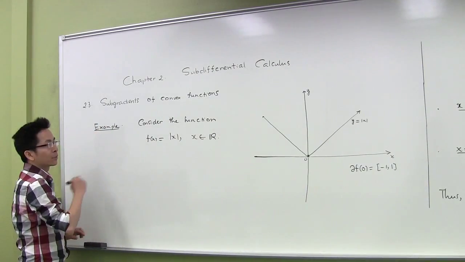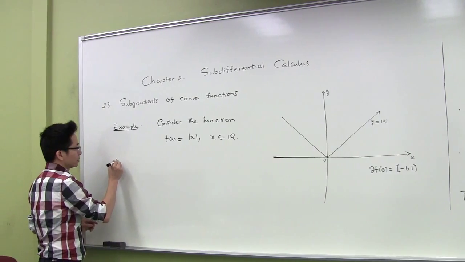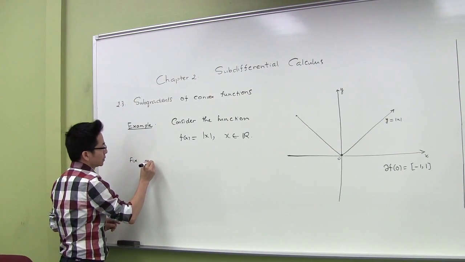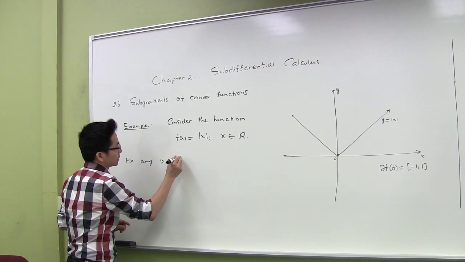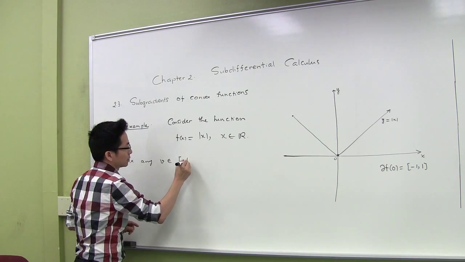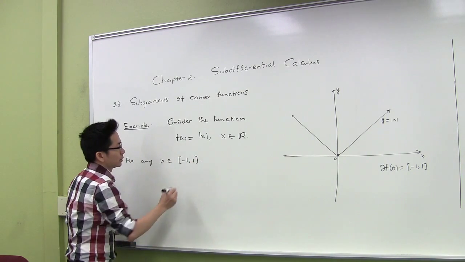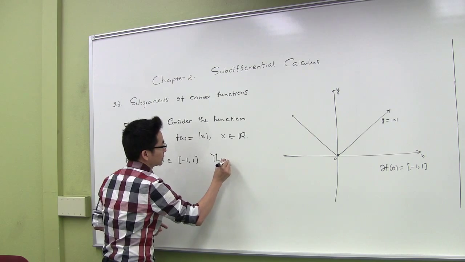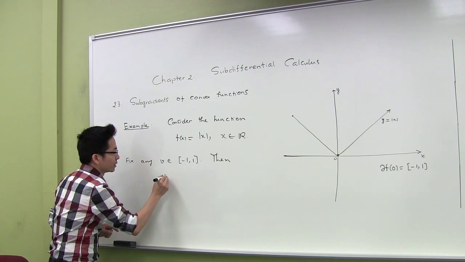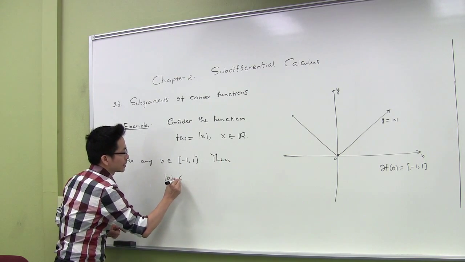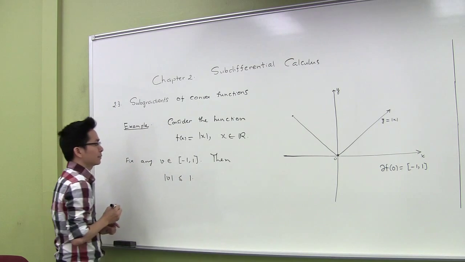So now I'm going to fix any v in this interval. Then we have the following: the absolute value of v is less than or equal to 1.